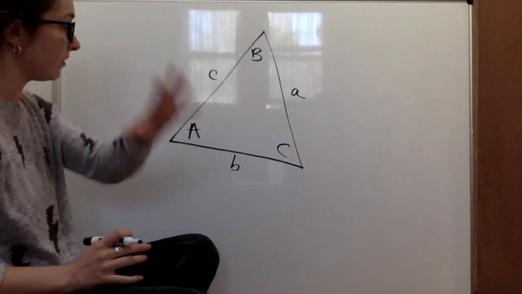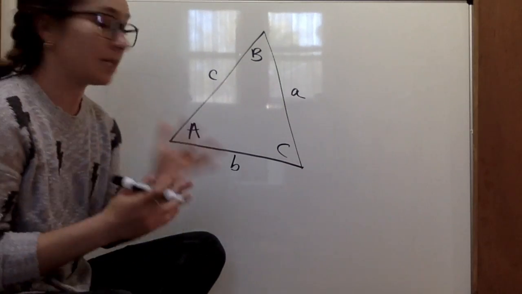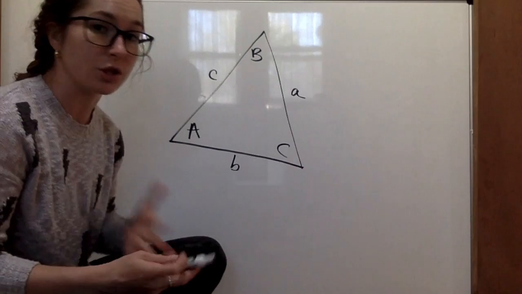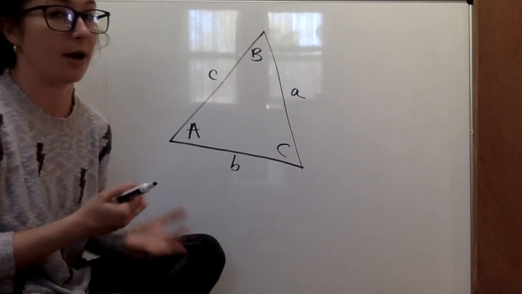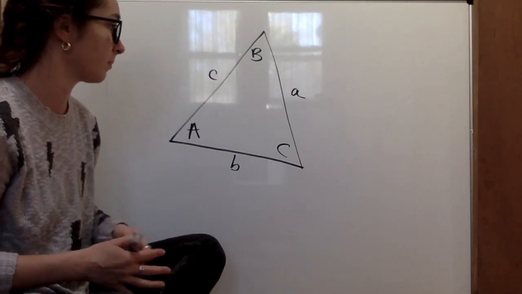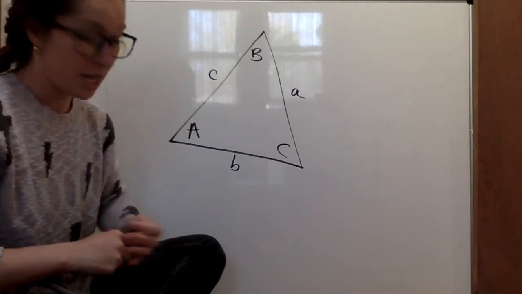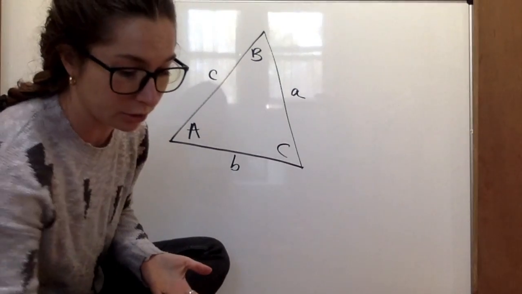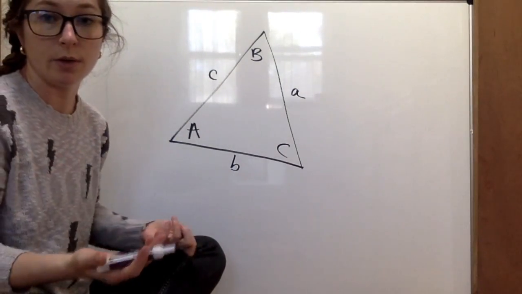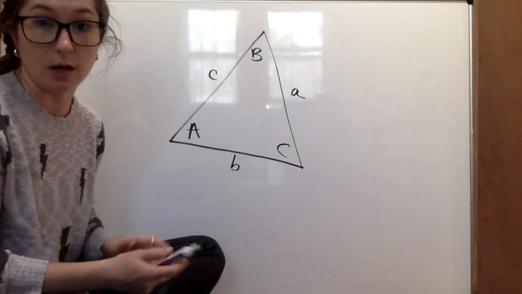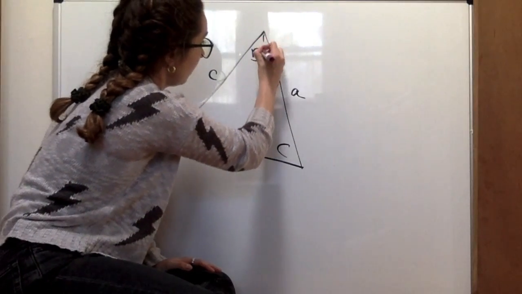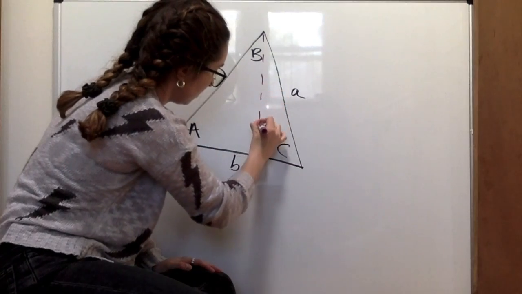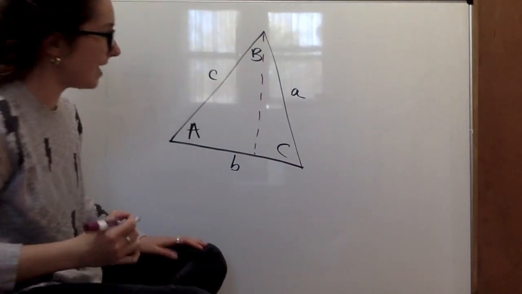So, I have this triangle. It's not a right triangle, so I can't just do sine of A is something, because I don't have a hypotenuse, I don't have any of that stuff. But in order to use my knowledge of right triangle trig in this triangle, I'm going to create a right triangle. I'm actually going to create two right triangles. So I'm going to cut this, not necessarily down the middle.